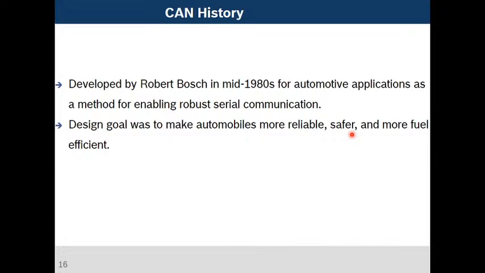It is very difficult to maintain those kinds of serial communications, but CAN brought the solution. It has a bus system and multi-master capability, so it brought more reliable, safer, and secure data communication to the automobile system, and more fuel-efficient cars came after the CAN protocol.